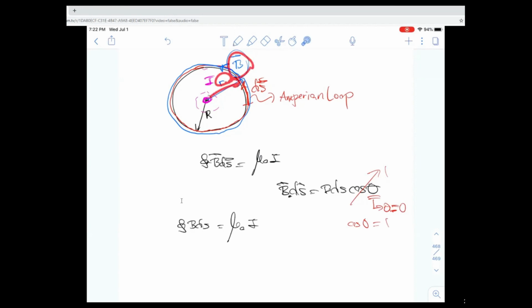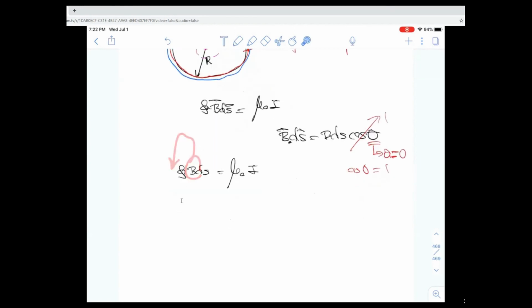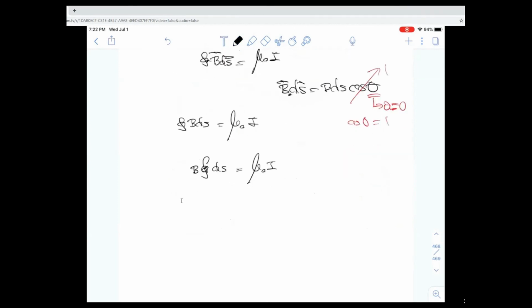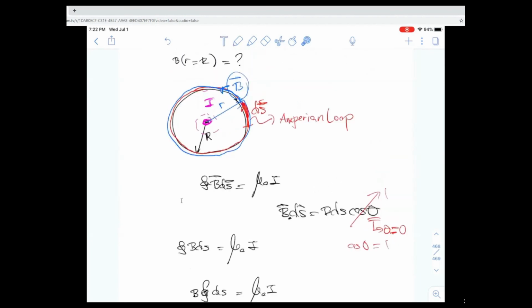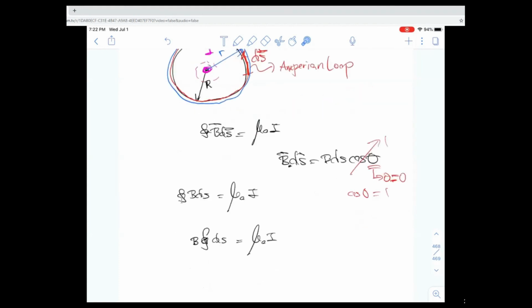All right, and notice that the strength of the magnetic field at this distance is going to remain constant, which means that I can pull this out. And the integration of ds. Okay, so this integration of ds, if you actually complete the loop, is going to be the same as the circumference, which is going to be 2 pi r.